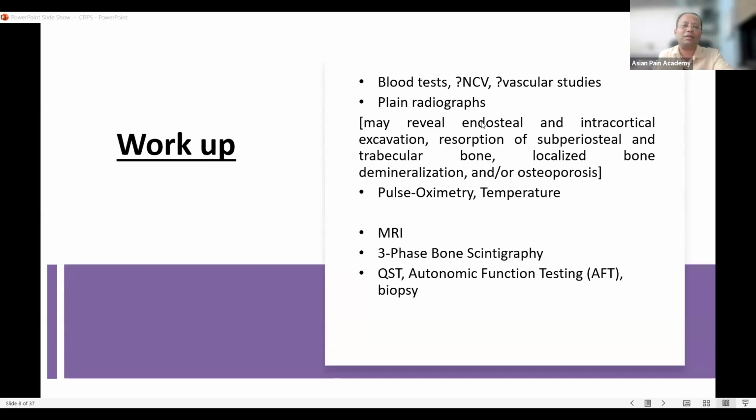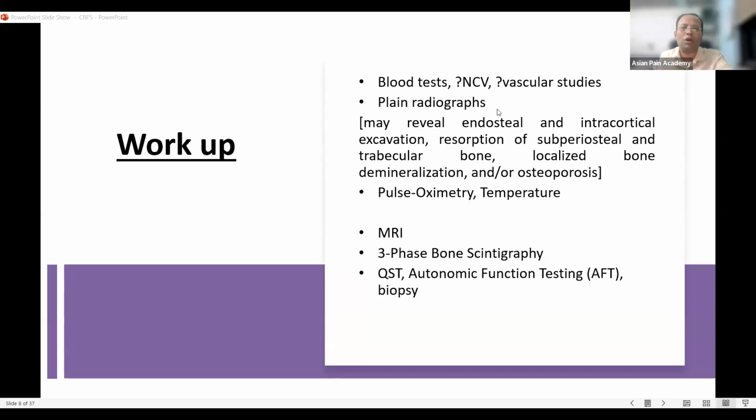This is to see sensory motor neuropathy, at least to exclude it in diabetic cases. Then come vascular studies. You can do a Doppler if there is a specific case of bluish discoloration of the hand, to see whether the blood supply is all right or not. So these are the initial investigations.